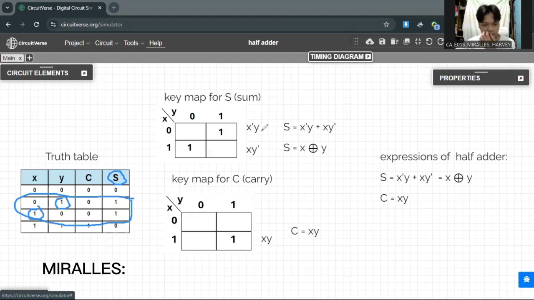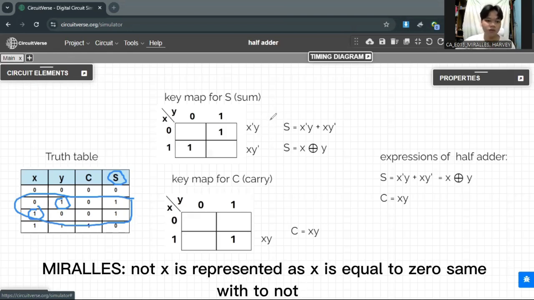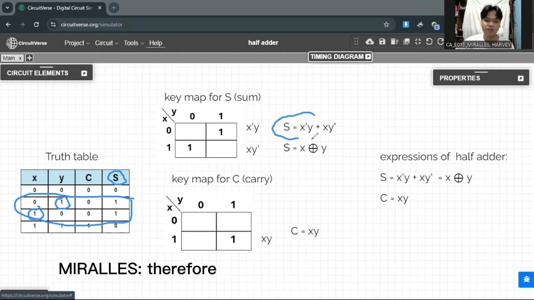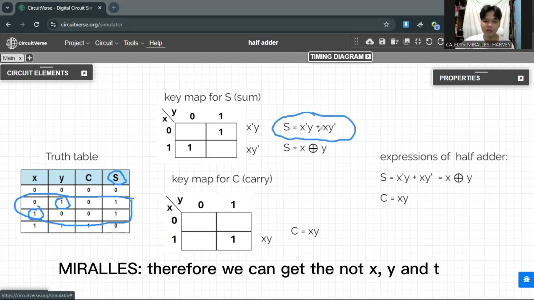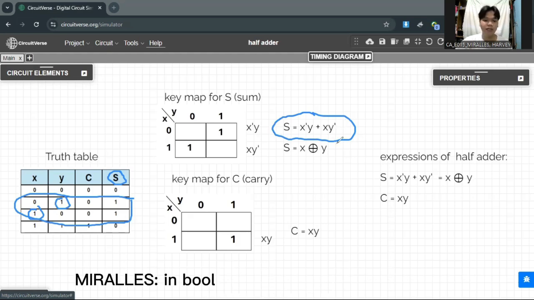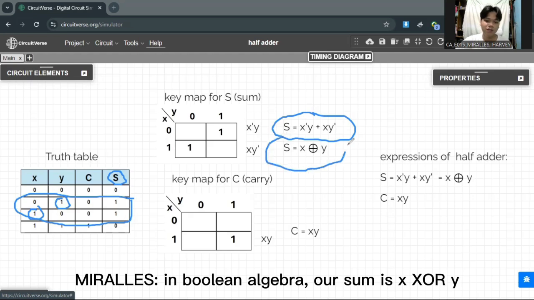So, yung NOT x is nagre-represent siya na yung x natin is equal siya sa 0. Same din sa y natin dito. Since 0 ito, then yung y natin is NOT. So, makakabuo tayo ng expression sa sum na NOT x y plus x NOT y. So, in Boolean algebra, pwede natin gawin siyang yung sum natin is x XOR y. So, dito, nakabuo tayo ng expression kay sum.